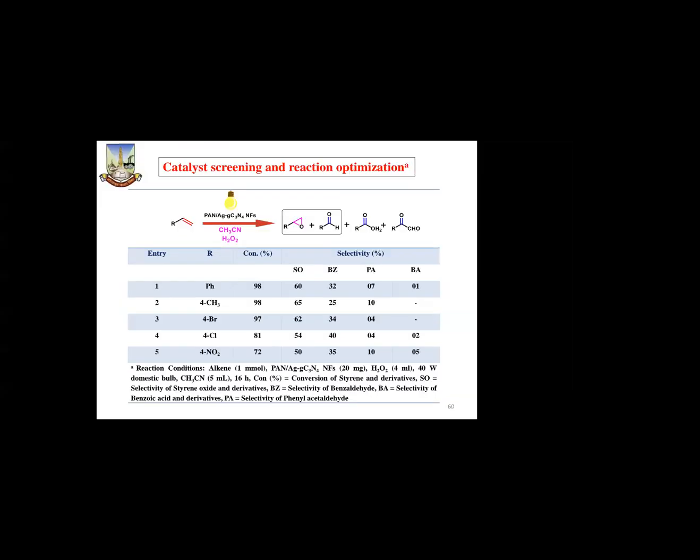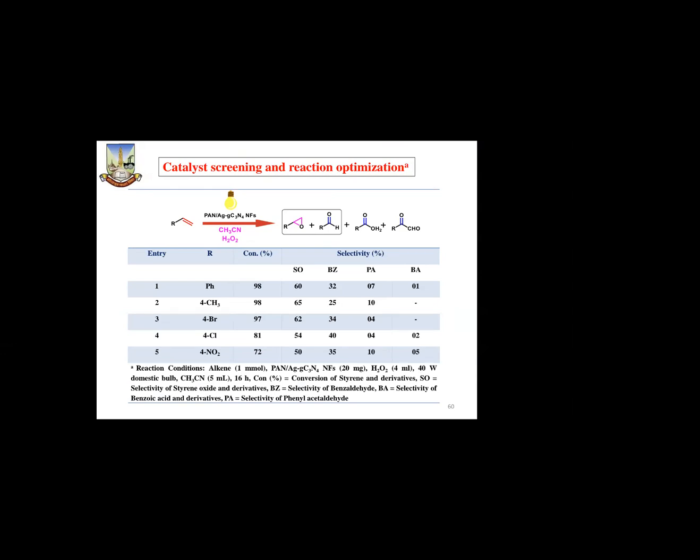Catalyst screening and reaction optimization we have done. We have changed the R group here: phenyl, methyl, bromine, chlorine, and NO2. When we look into the conversion, it goes 98% in the previous 2 cases. In presence of bromine, it shows 97%. In case of chlorine, it shows 81%.